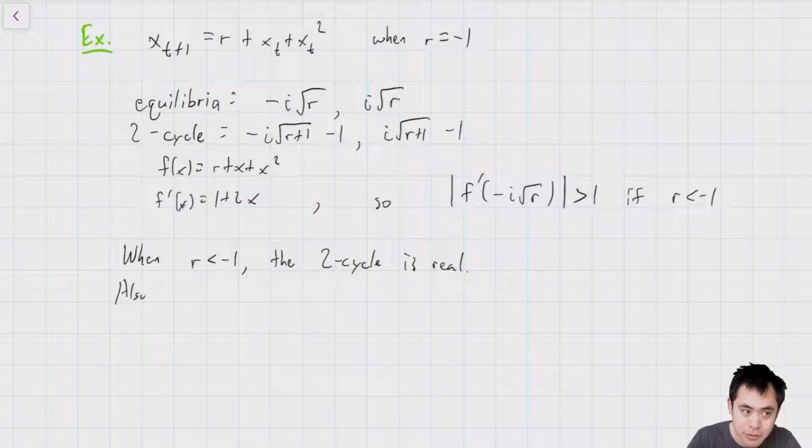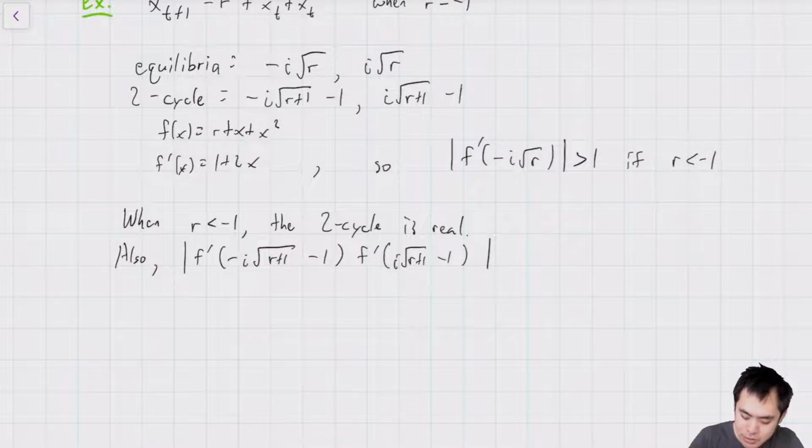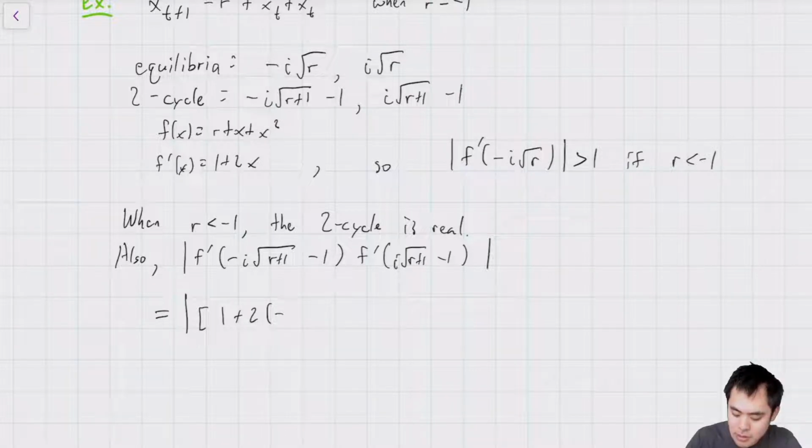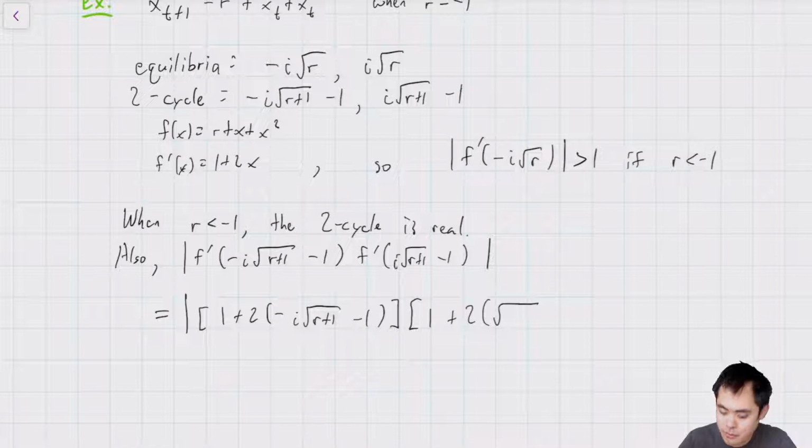Also, we can look at the stability of this 2-cycle. So you take the stability, that's the absolute value of f prime of minus i times the square root of r plus 1 minus 1, times f prime of i times the square root of r plus 1 minus 1. This is equal to the absolute value of 1 plus 2 times minus i times the square root of r plus 1 minus 1, times 1 plus 2 times i times the square root of r plus 1 minus 1.